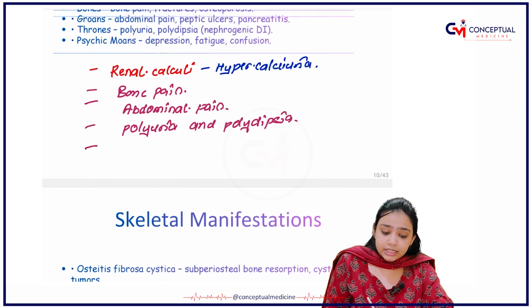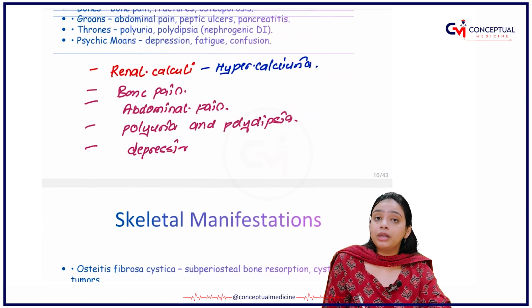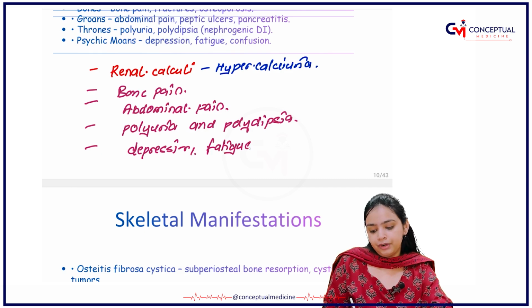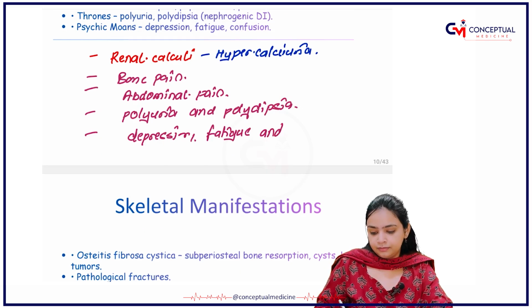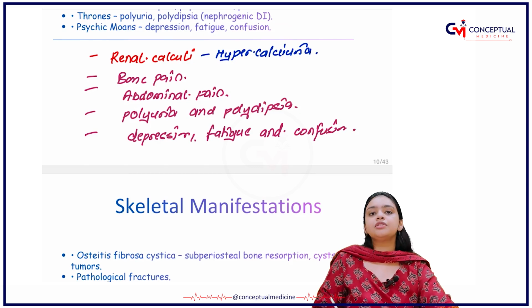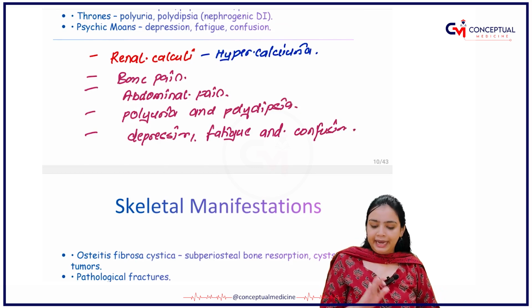Psychic moans means there is depression. The person will feel so depressed and there will be fatigue and confusion. Okay, so these are the clinical features which you need to keep in mind.